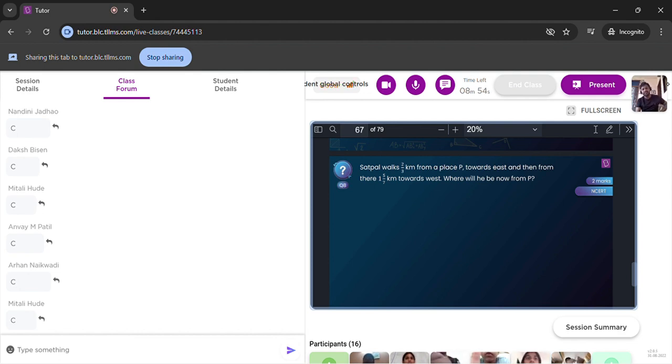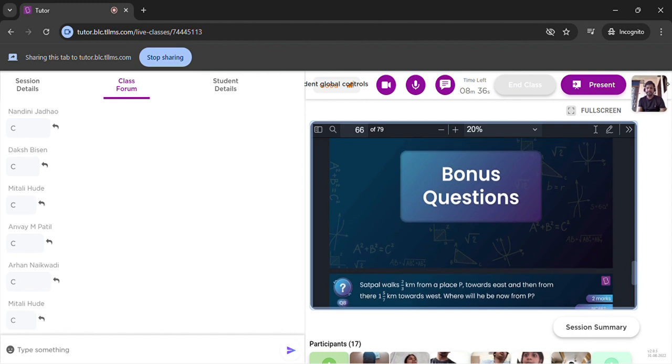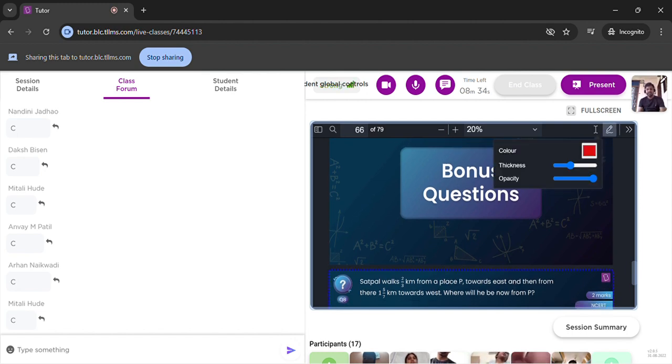Satpal walks 2 by 3 kilometer from a place P towards east. So you have to take this one as place P, and from there he goes towards east. As you can see here, it is saying Satpal walks 2 by 3 kilometer from a place P. So place P is here.